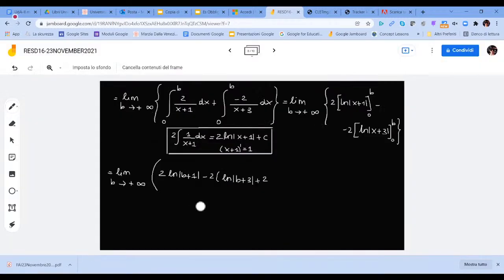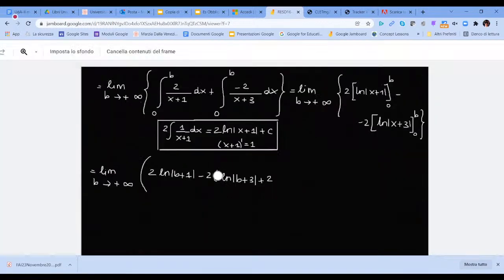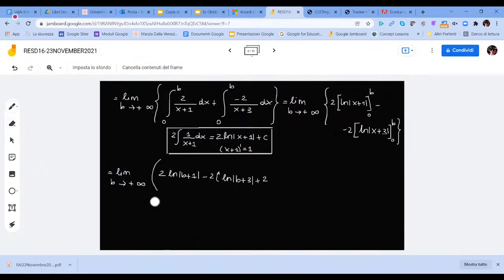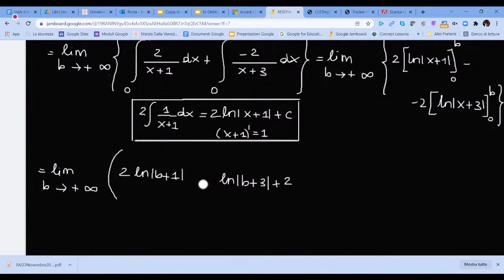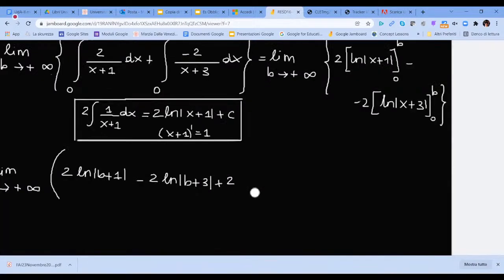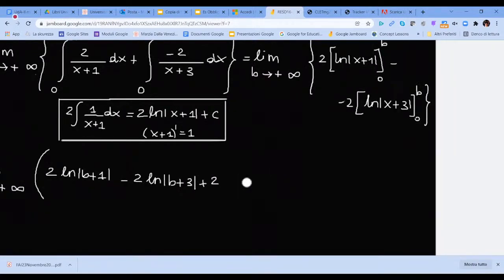I did write the parentheses, but I think it is better to write everything. So I will write minus 2, and then minus 2 times minus is plus 2 logarithm of 0 plus 3. 0 plus 3 is 3, and the absolute value of 3 is 3. Okay.